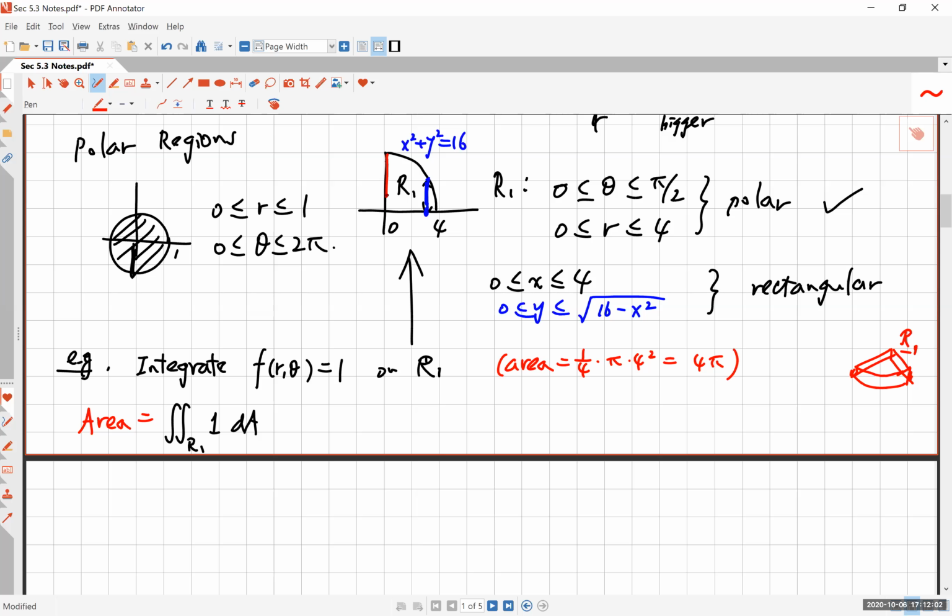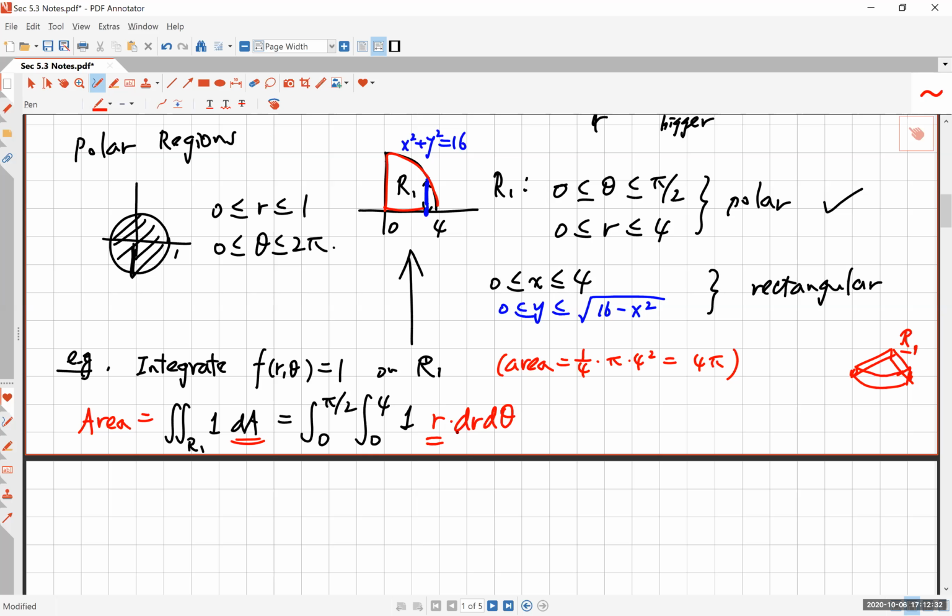What I'm saying is the area of this quarter circle is 4 pi. We know that, right? Let's verify that using this double integral. How does it work? Okay, remember I said theta goes from 0 to pi over 2, and r goes from 0 to 4. And then you have 1, and then what? You substitute dA, but remember dA is not just dr d theta. It is r dr d theta.